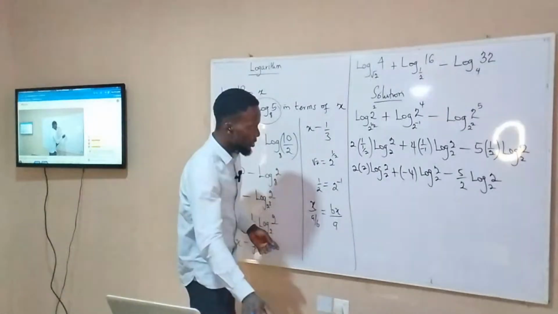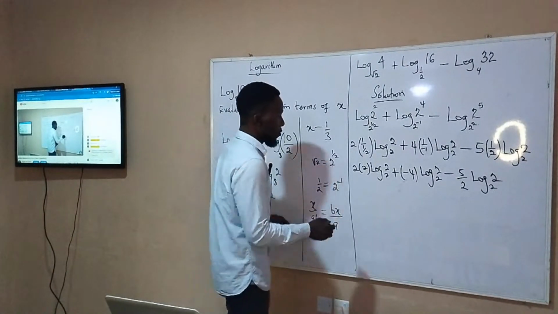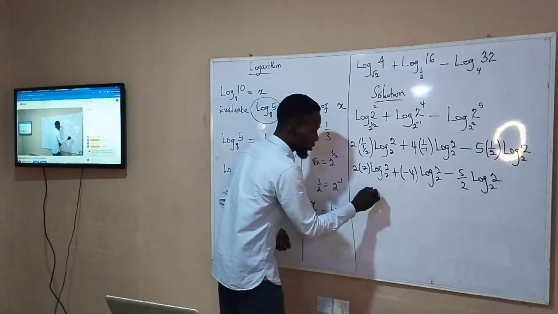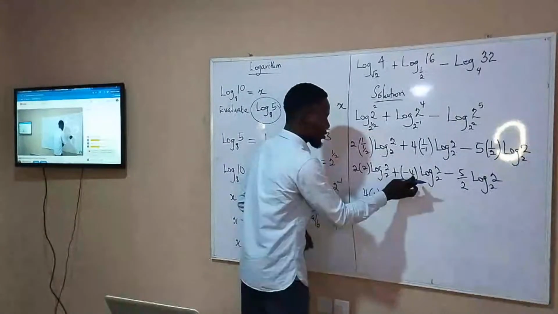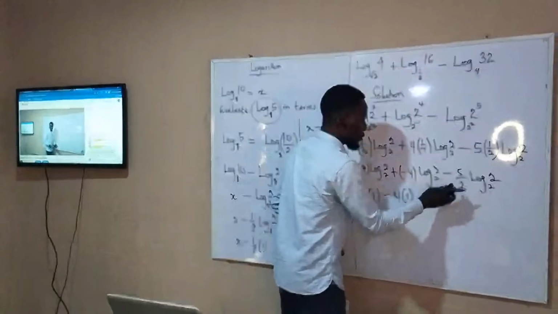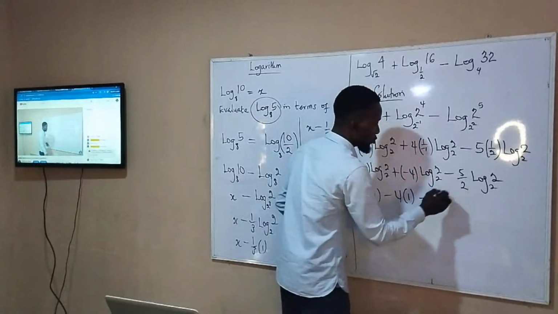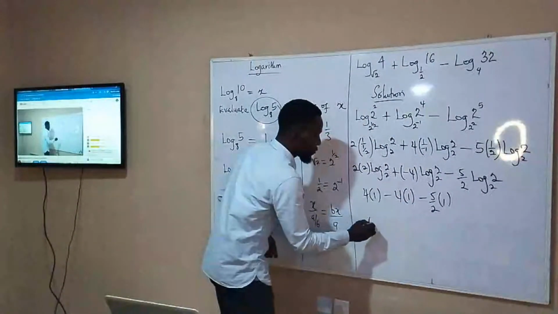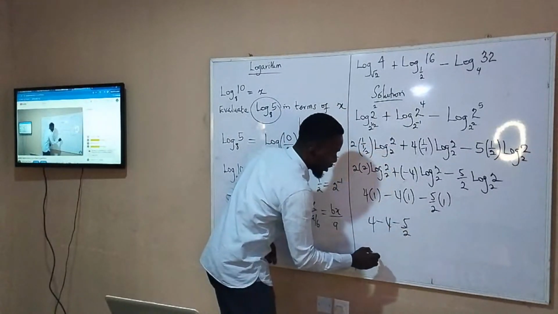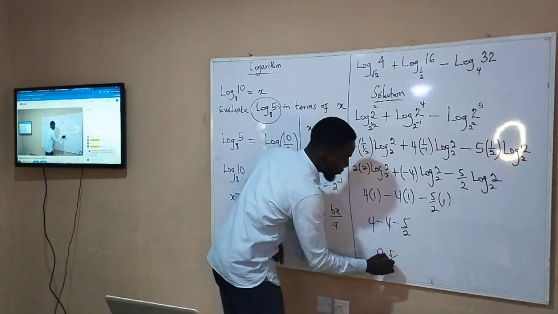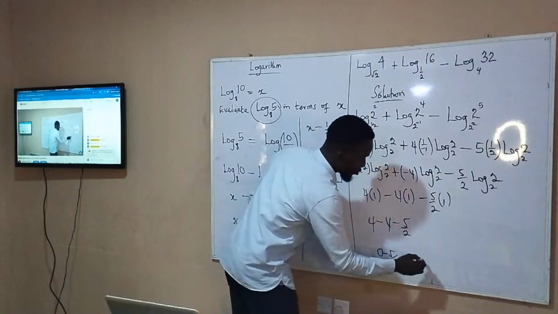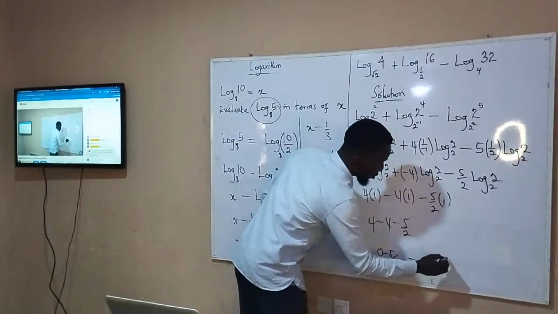The moment we get to this point, we are just going to simplify. Log 2 base 2 is 1, so we have 4 minus 4 minus 5 over 2, which is 0 minus 5 over 2, and that will be minus 2.5.